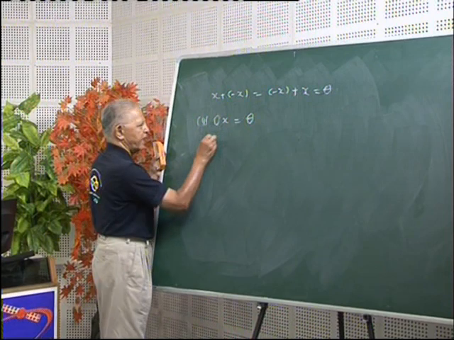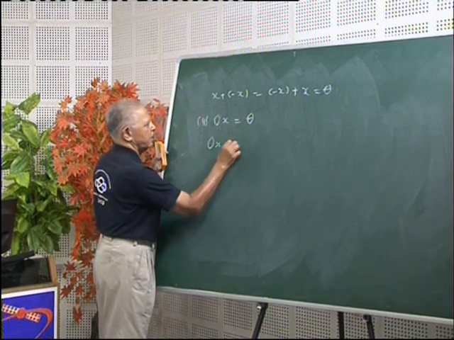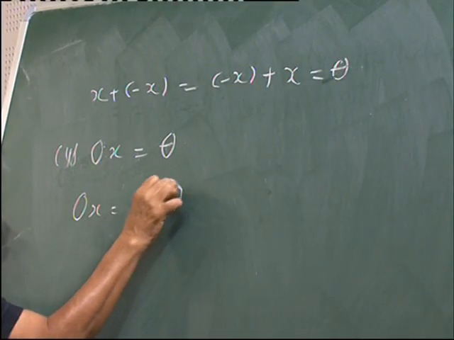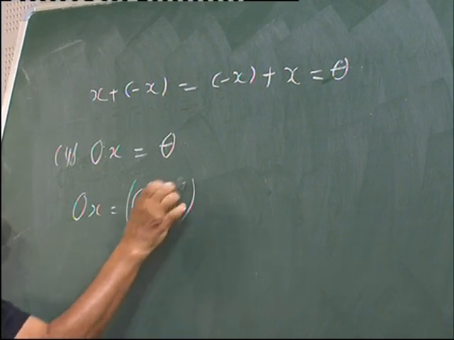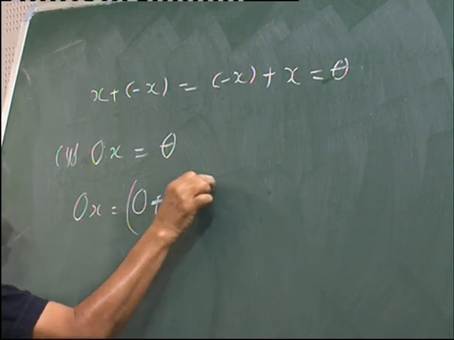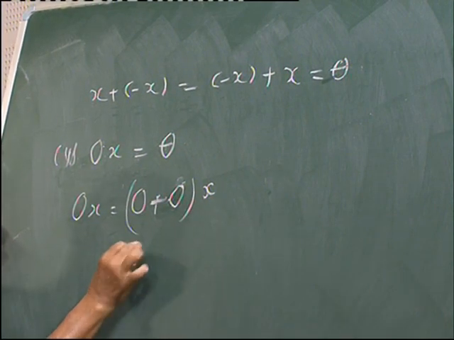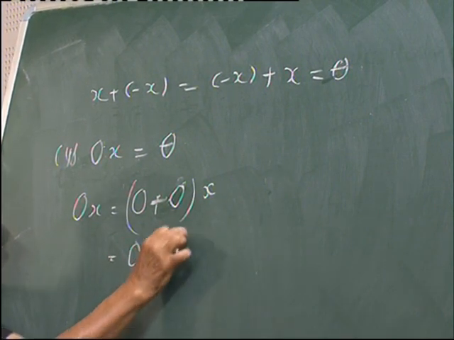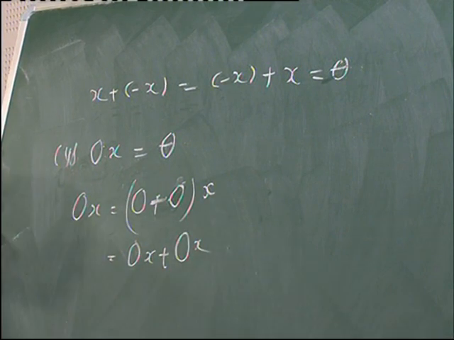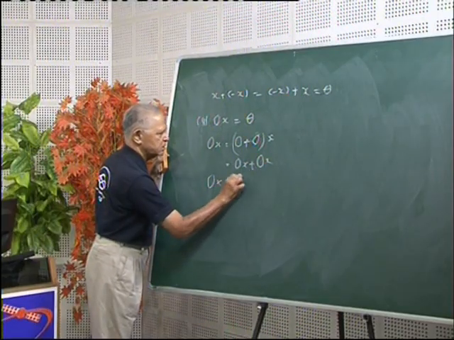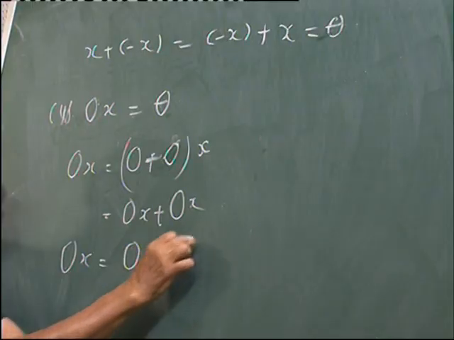Now, let us take 0 x = (0 + 0) x. Applying one axiom here, we get 0 x + 0 x. Again, using the property of the 0 vector, we get 0 x = 0 x + theta also.